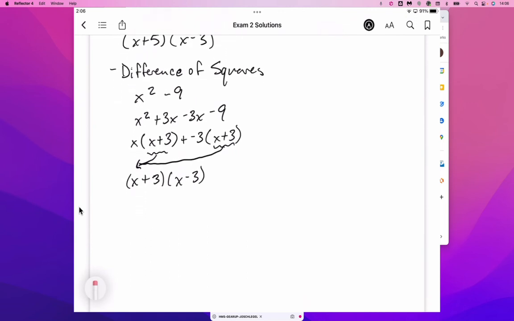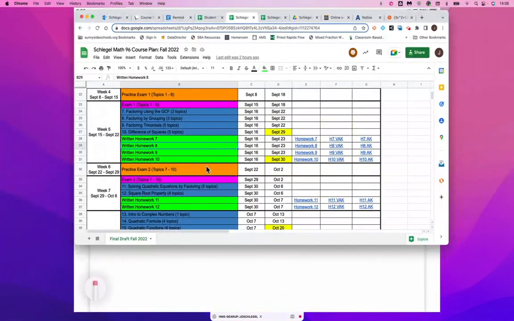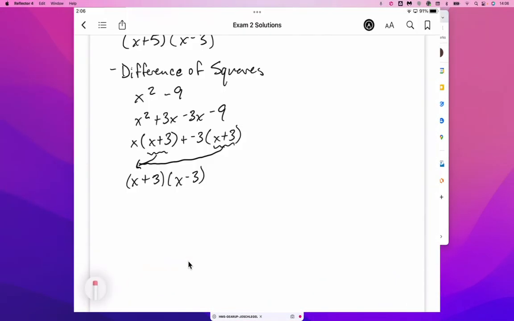And then the last one, I don't know if there was a lesson on this one. The last one would be a perfect square, but we're actually not going to go into too great a depth on that one. Doing a variation on the one we just did, we would have something like x squared plus 6x plus 9.